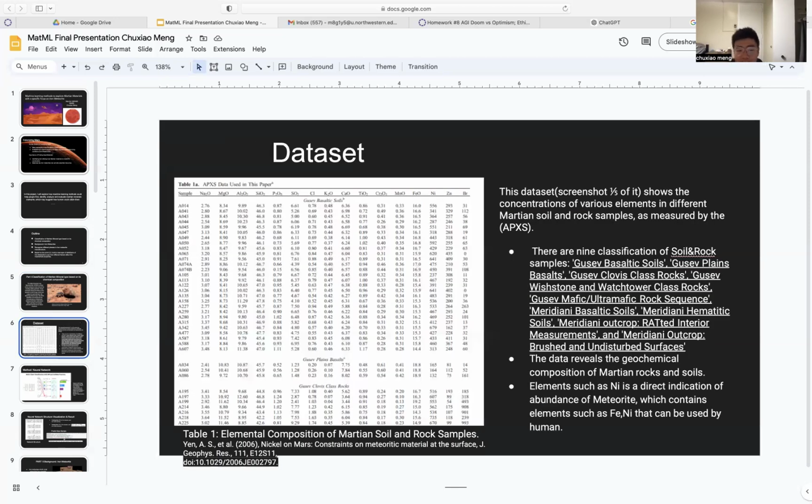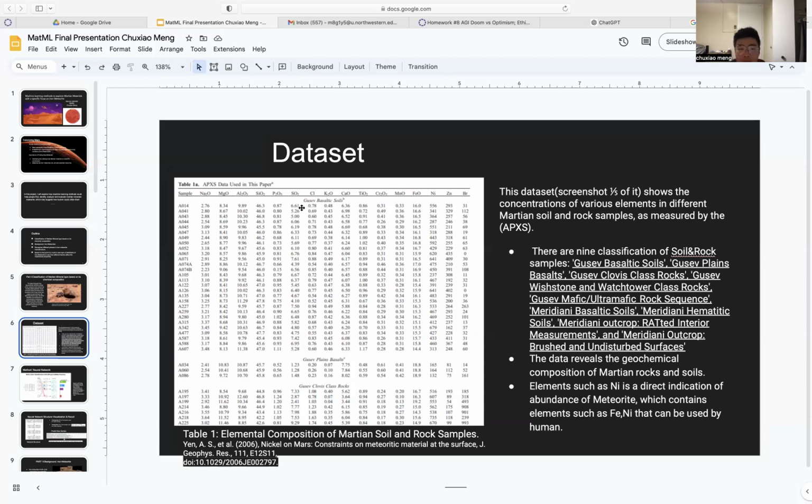So here's the data set that we're going to use. The data set comes from a geology journal about minerals on Mars. The data set has 9 classifications of Martian minerals based on their composition. These categories are written ahead of each of the data.